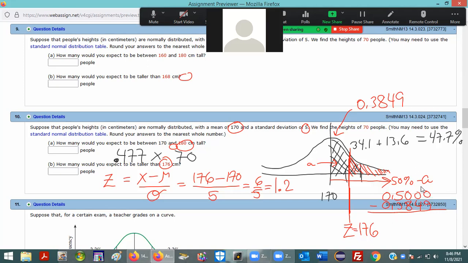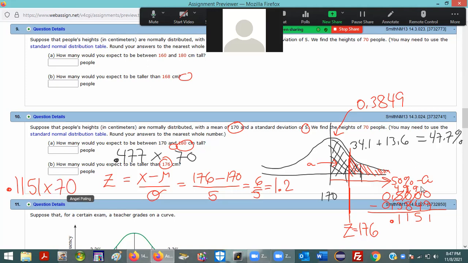Let's see, try to keep track of it. So 1, 5, 1, 1. So 0.1151, that's a percentage. So we have 11.5% of 70 people, right?